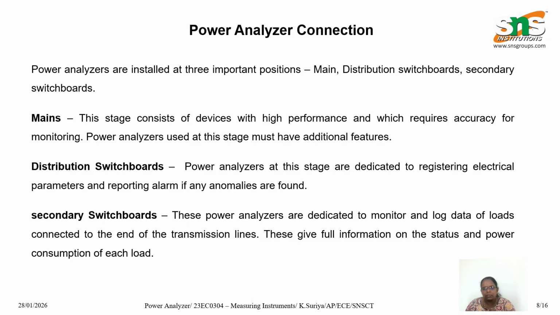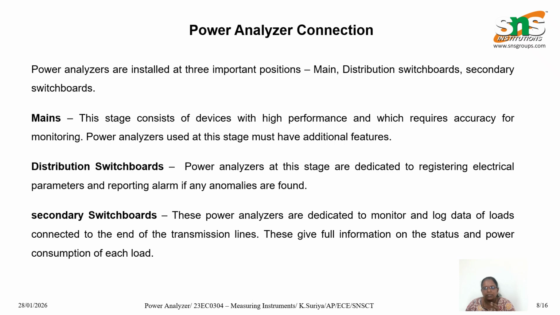Power analyzers are installed at different stages of the electrical distribution system. The first stage is the main switchboard, where highly accurate analyzers are used for overall monitoring of the power system. The second stage is the distribution switchboard, where analyzers continuously measure the electrical parameters and provide alarms whenever abnormal conditions are detected.